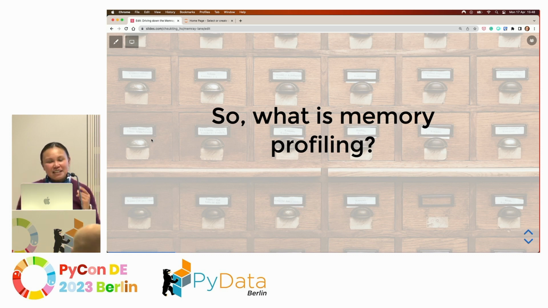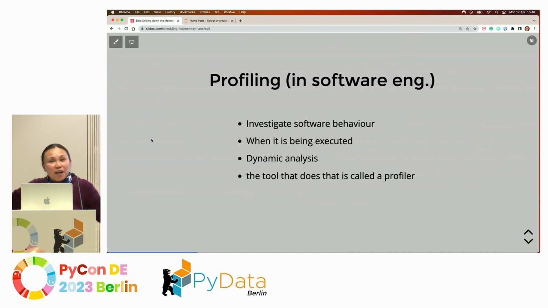Before I show you how it can be done, those of you with really good eyesight may see that I have a tab open. There's a Jupyter notebook, but I'm going to show you that after. Before that, I want to talk about what profiling is, for some of you who haven't heard the term before. In software engineering, we do profiling, which is investigating our program's behavior.